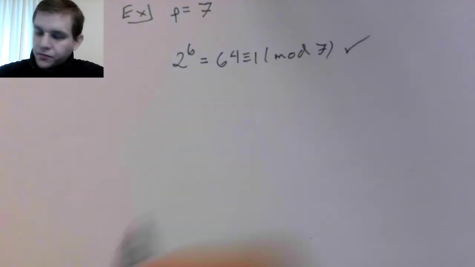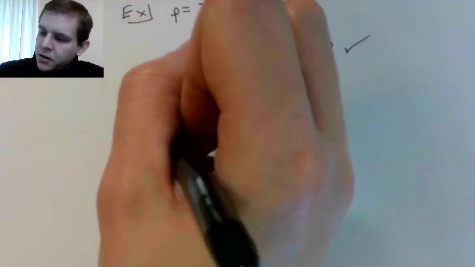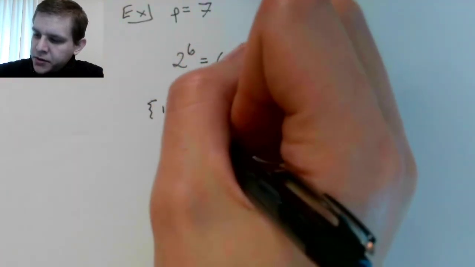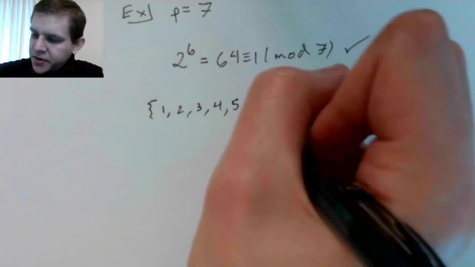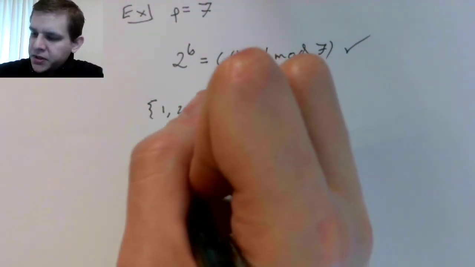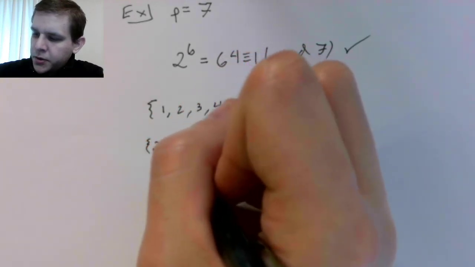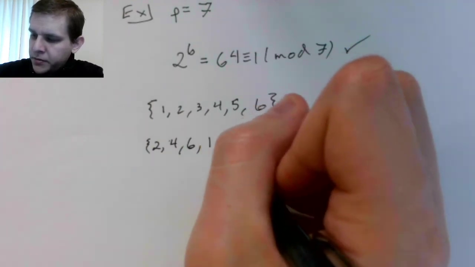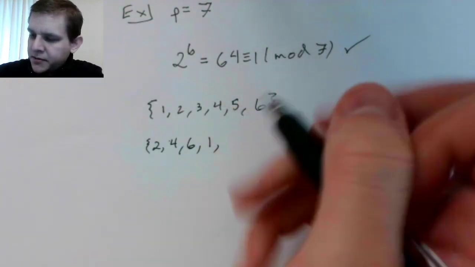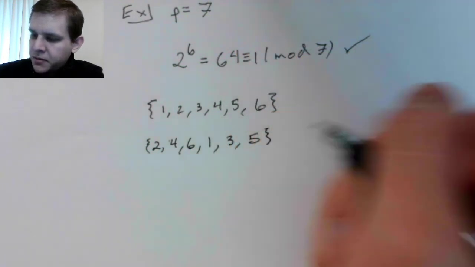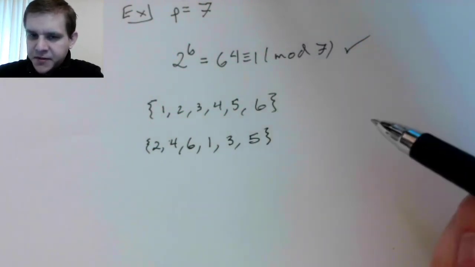Okay, so how do we check the proof here? Well, let's just look. We have 1, 2, 3, 4, 5, 6. And then I multiply all these numbers by 2. So 2, 4, 6. 4 times 2 is 1, because it's mod 7. 5 times 2 is 3. 6 times 2 is 12, and 12 minus 7 is 5.